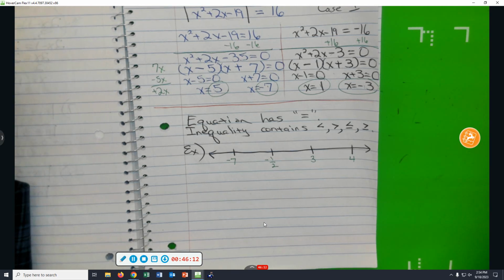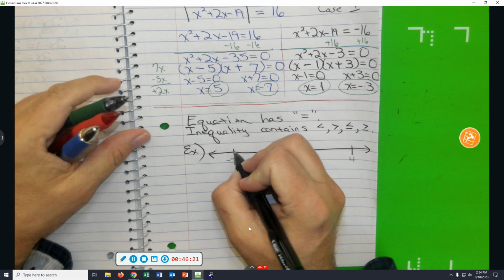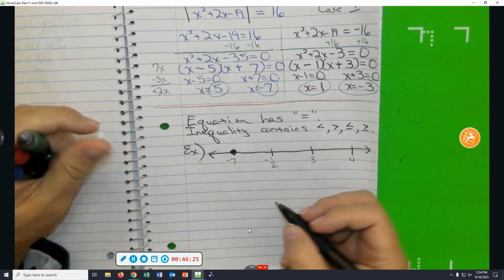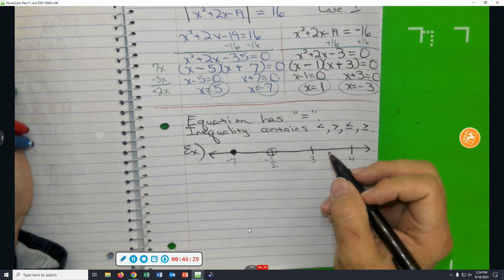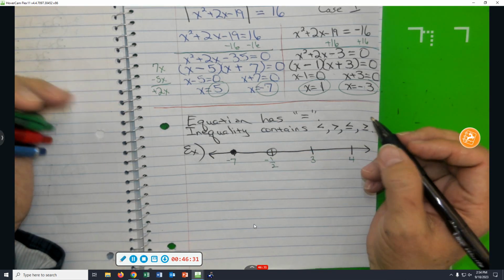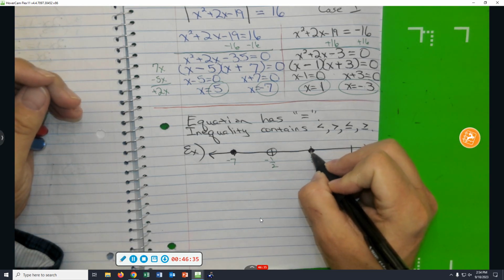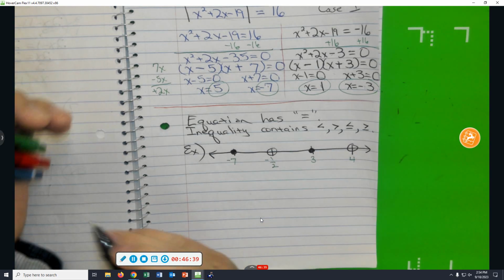I chose a couple of negative and a couple of positive numbers, and some of those numbers will be shaded. That means they're included in the interval. Some of them won't be shaded. They'll be open circles. That means they're not included in the interval. For the sake of this example, I'm just going to alternate. Shaded, closed, open, closed, open.